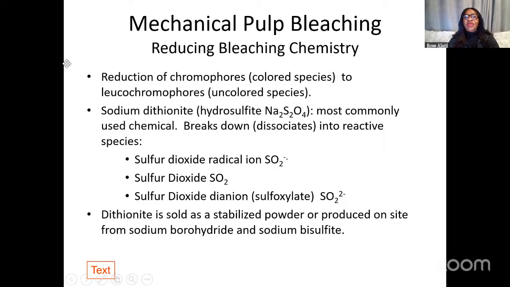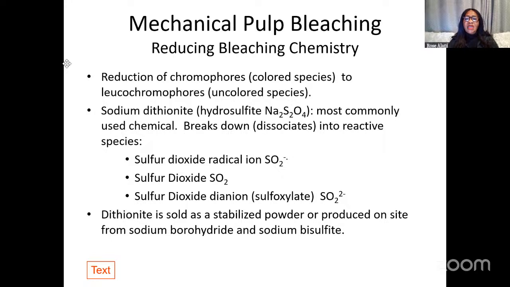So let's look at the reducing bleaching chemistry. We said we do two approaches, reducing and oxidizing. Let's look at the reducing now. So reduction of chromophores to leucochromophores is what is carried out in this process. And what is used mostly is sodium dithionite. This is a commonly used chemical.